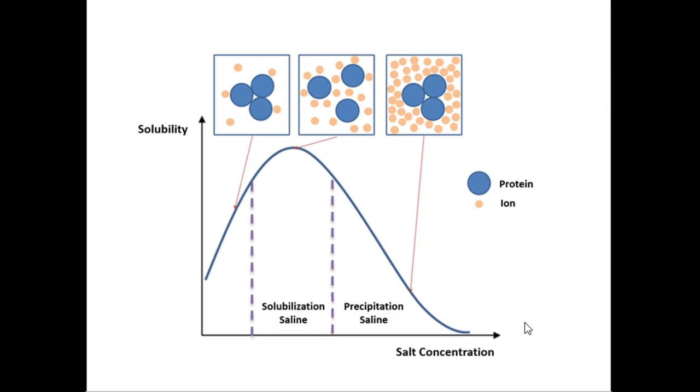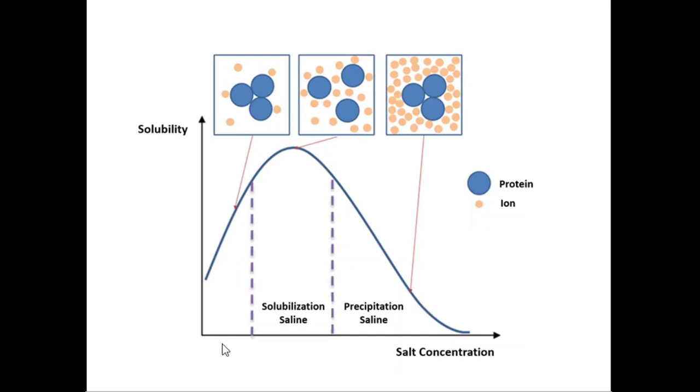In the salting in and salting out graph, you can easily make out that this axis indicates increasing concentration of the salt being used in extraction, against the solubility parameter. This is supposed to be the protein molecule and this is the salt ion.